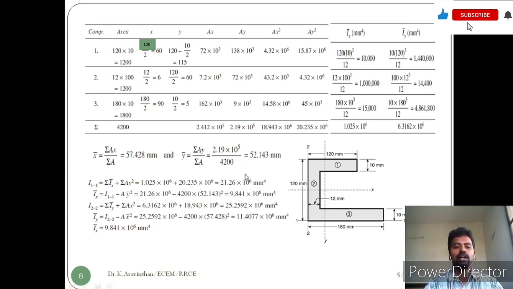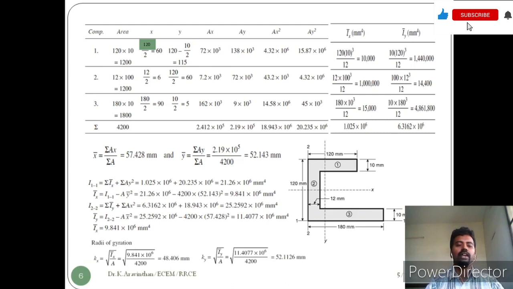And we found the moment of inertia of x and y-axis. Here the least moment of inertia acts along the x-axis, that is 9.841 into 10 power 6, and the highest moment of inertia is along the y-axis. You cannot twist the component along the y-axis. You can twist the component easily along x-axis. So this is what we have identified.